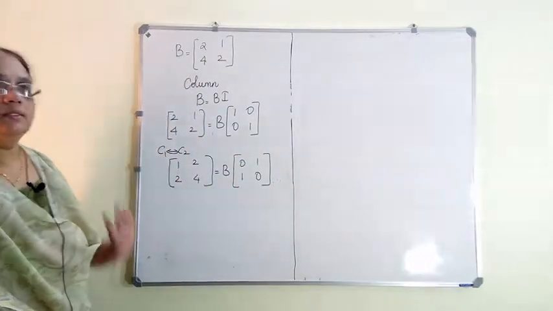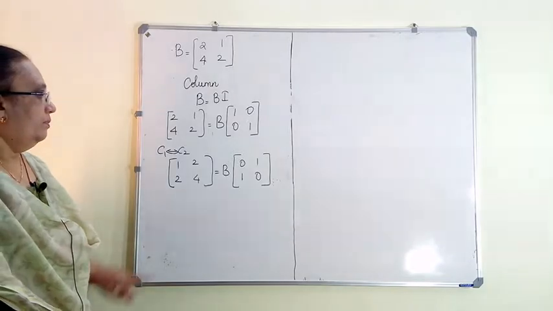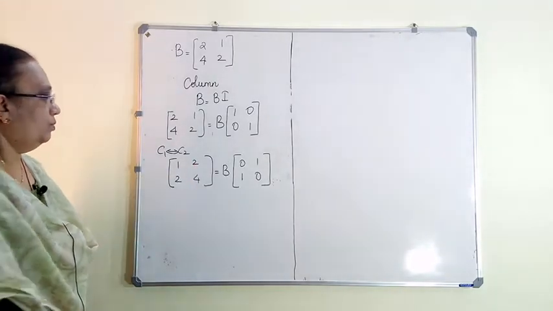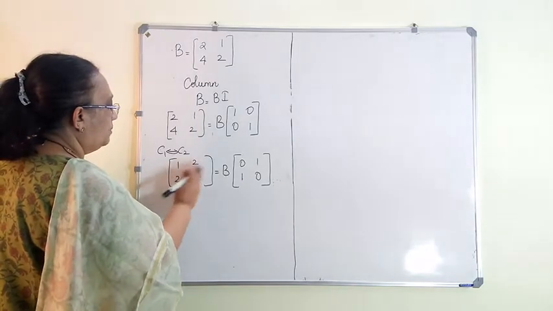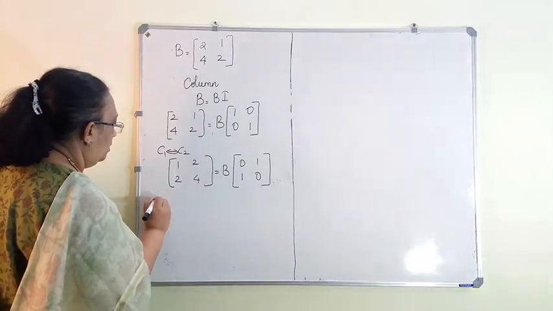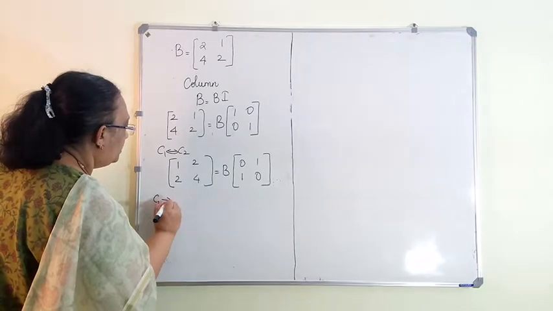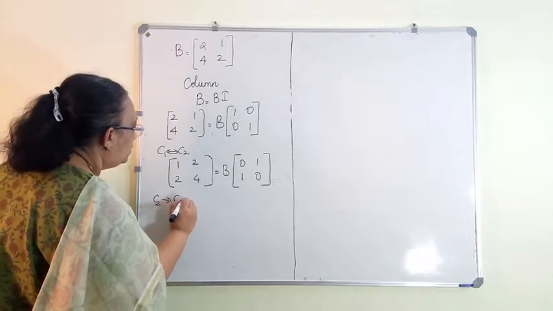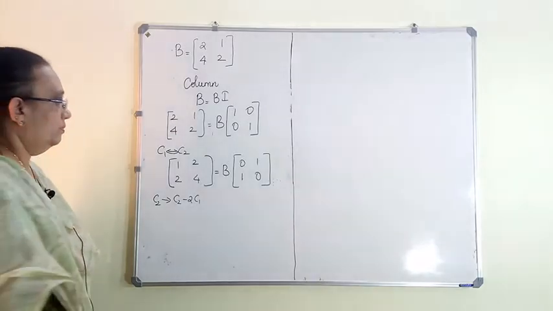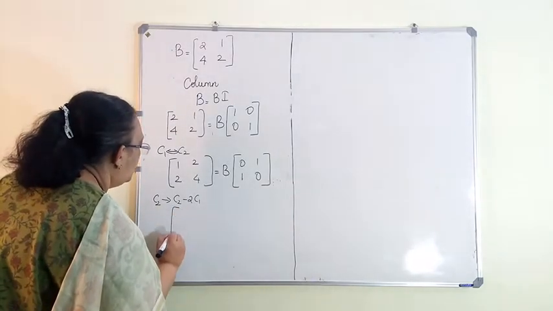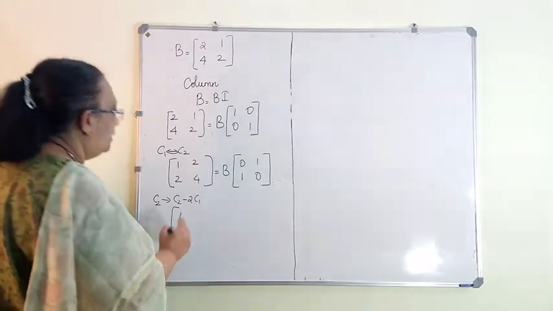So now here it is 1. Here I should make it as 2, 0. So what can I do? It is column transformation. C2 I am changing as C2 minus 2C1.